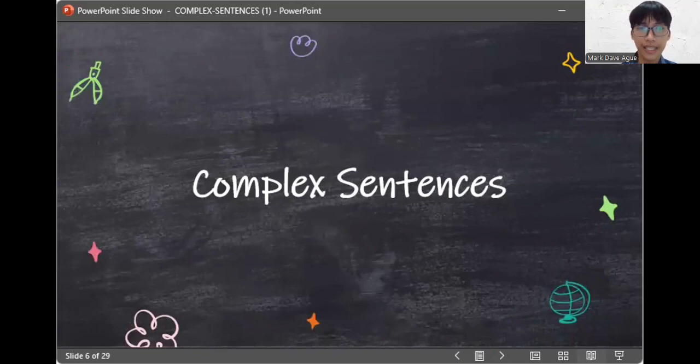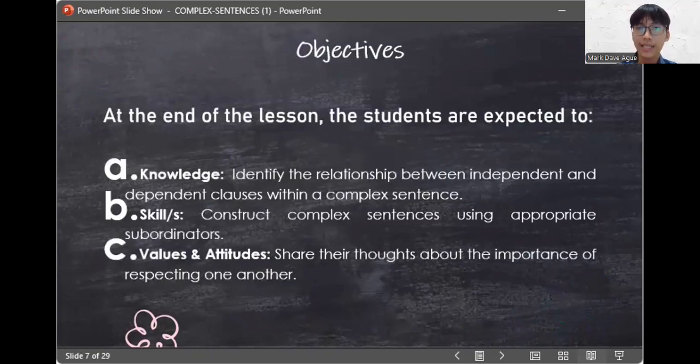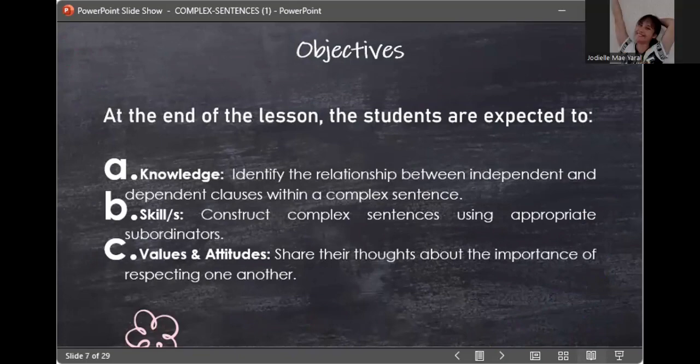Our topic for today, class, is complex sentences. Before we proceed to our lesson, kindly read our objectives, please. At the end of the lesson, students are expected to: A. Identify the relationship between independent and dependent clauses within a complex sentence.